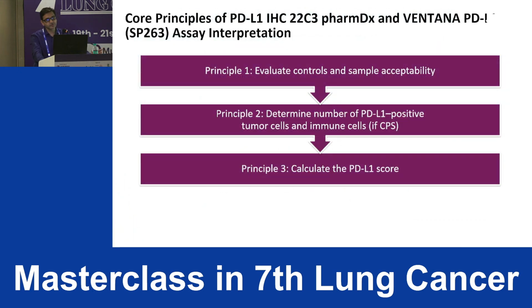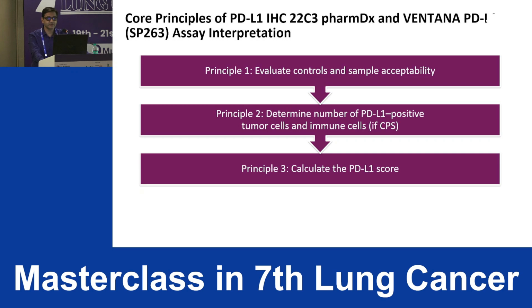The first and foremost thing, when pathologists see PD-L1 slides, is to make sure that the controls are working satisfactorily and the sample is adequate. Adequate sample means there should be a minimum of 100 evaluable cells in the biopsy sample, and this can sometimes become challenging because the same tissue has been tested for other molecular assays.